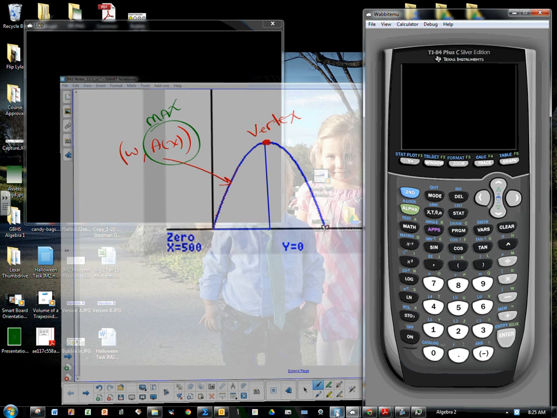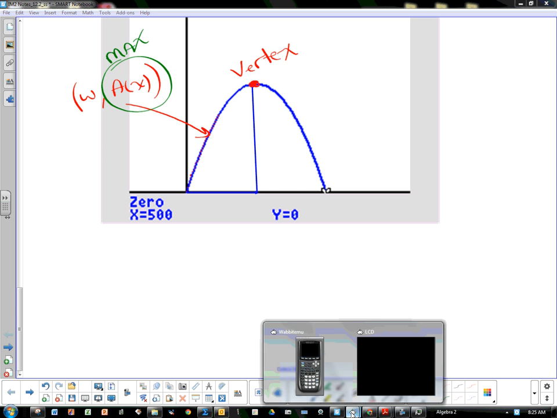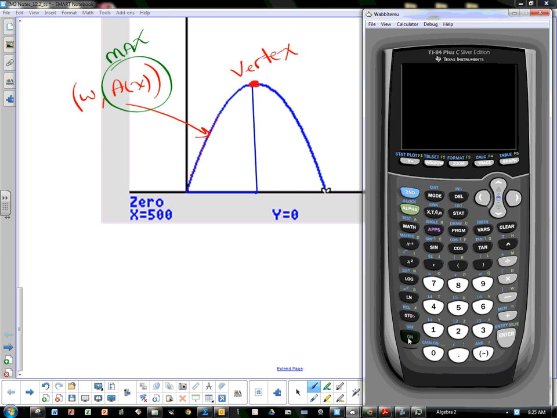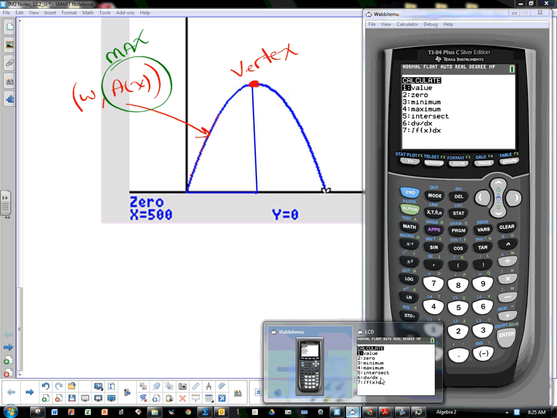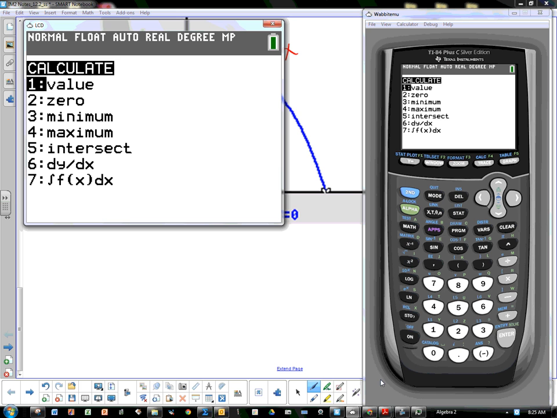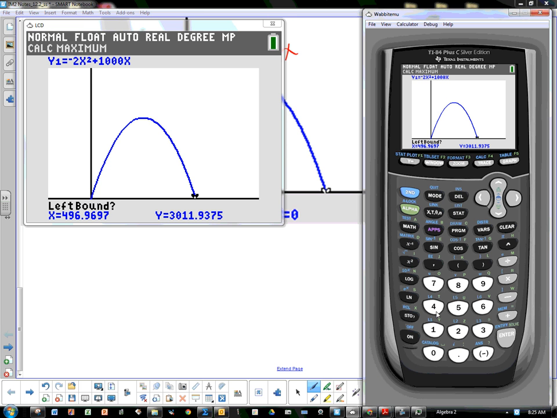Take the calculator out. All right, so second trace. Make sure I have this out so you can see it. I'm going to find the maximum, number 4. I'm looking for a left bound. Am I in the right spot? Can I just hit enter right now? I need to be to the left of the point I'm looking for.